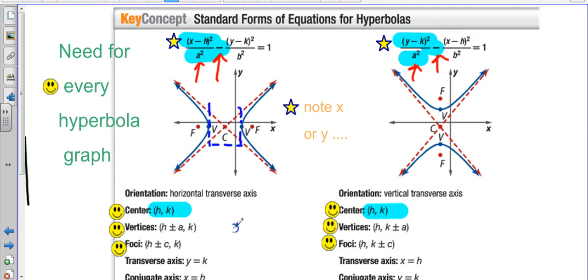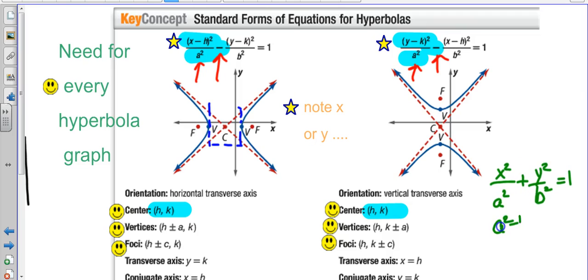Remember I said if this is a minus in here, we're going to actually add a squared and b squared to get c squared. Yesterday, when we had an ellipse, when it was plus in here, remember this?